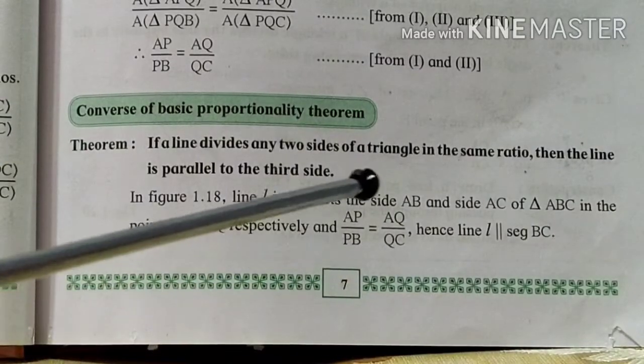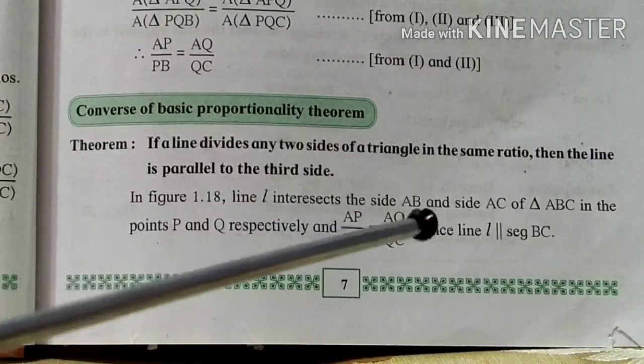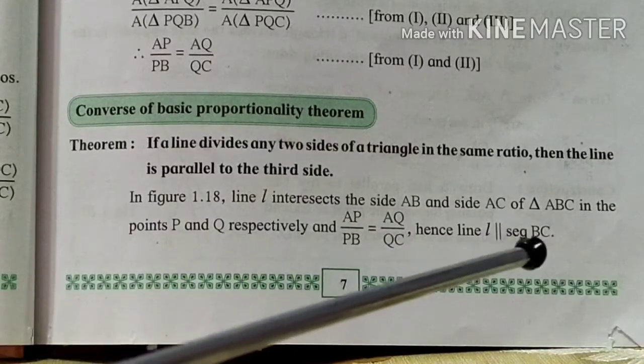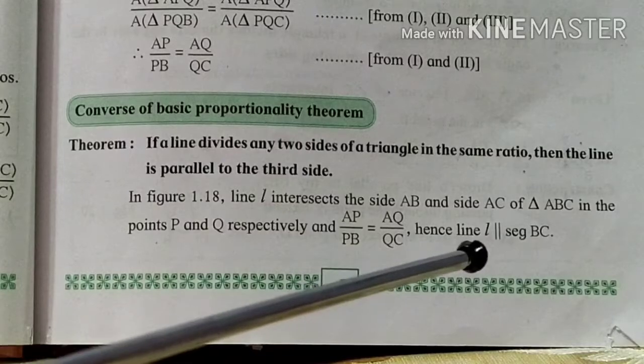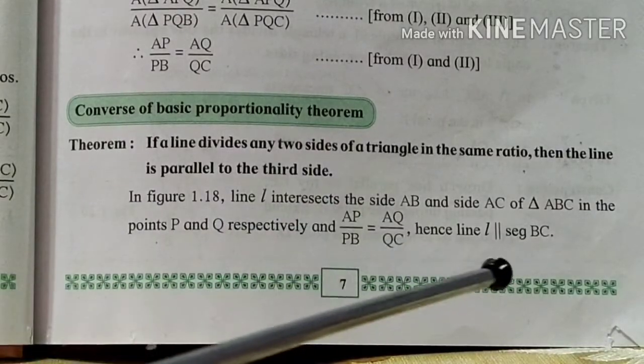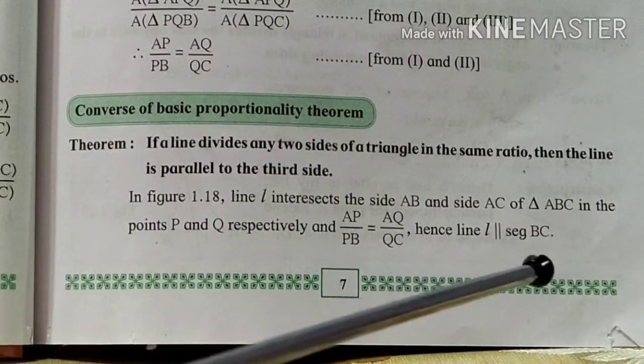Now here we are given that L divides two sides in the same ratio, and then we have the property that the line L is parallel to the third side.